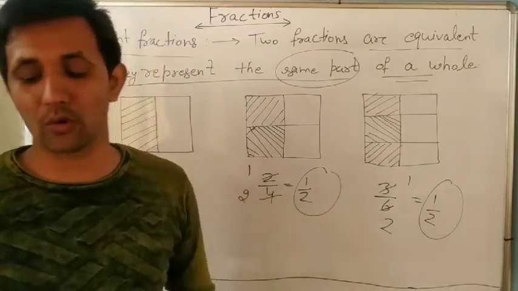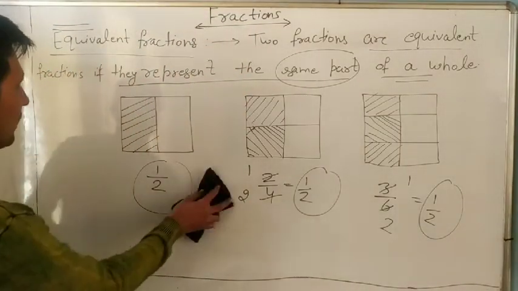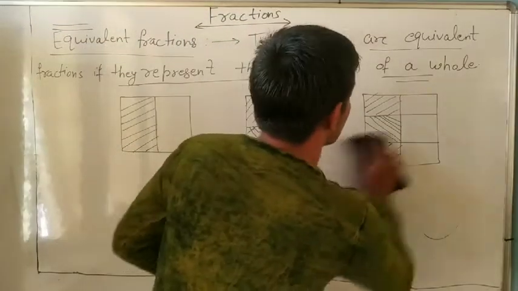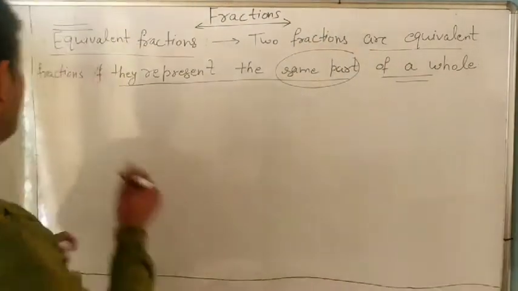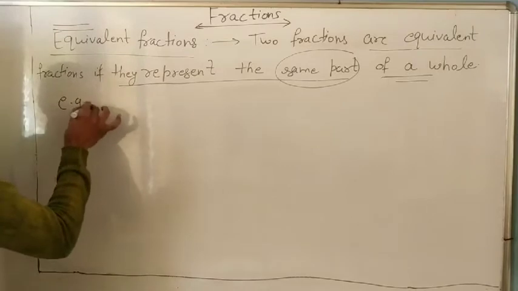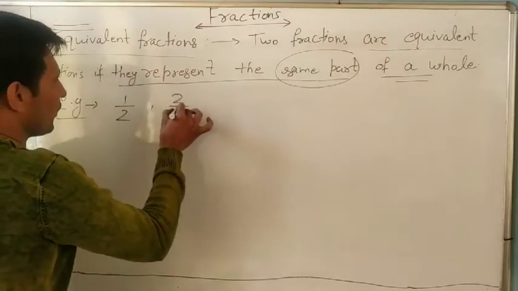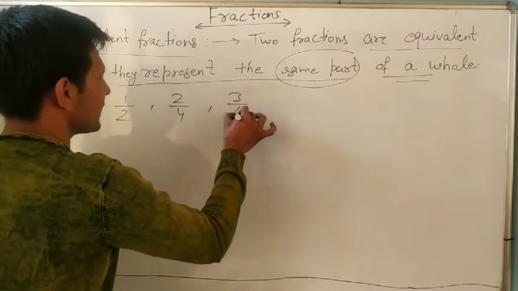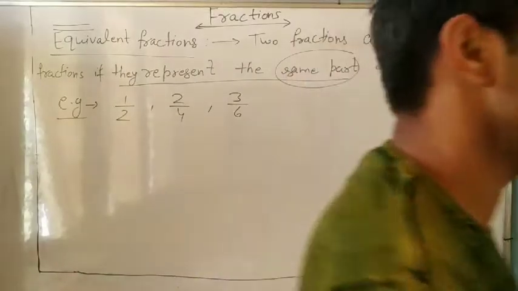Okay, now note it down. As an example I am writing here: 1 upon 2, 2 upon 4, 3 upon 6. So these are the equivalent fractions.